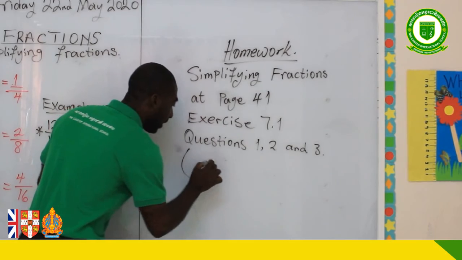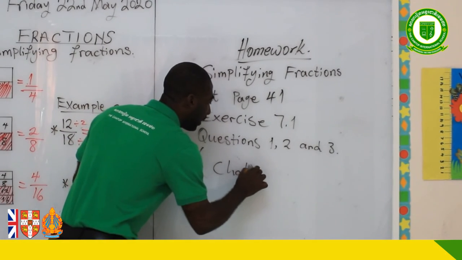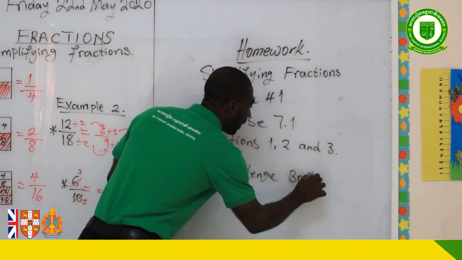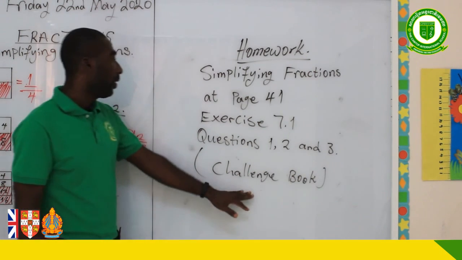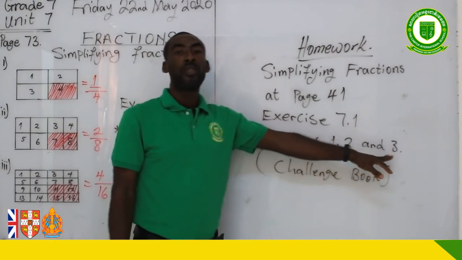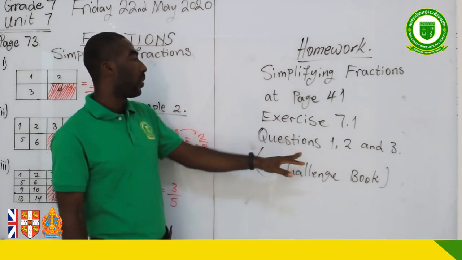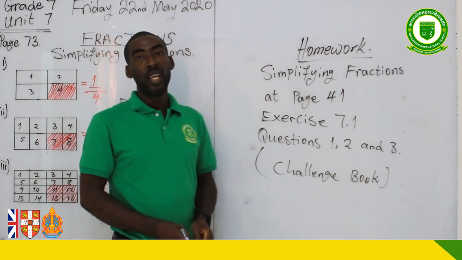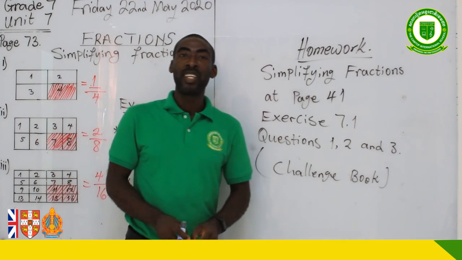You can see this exercise at the challenge book section. We are doing questions 1, 2, and 3, exercise 7.1. I hope to see you next week in math class.